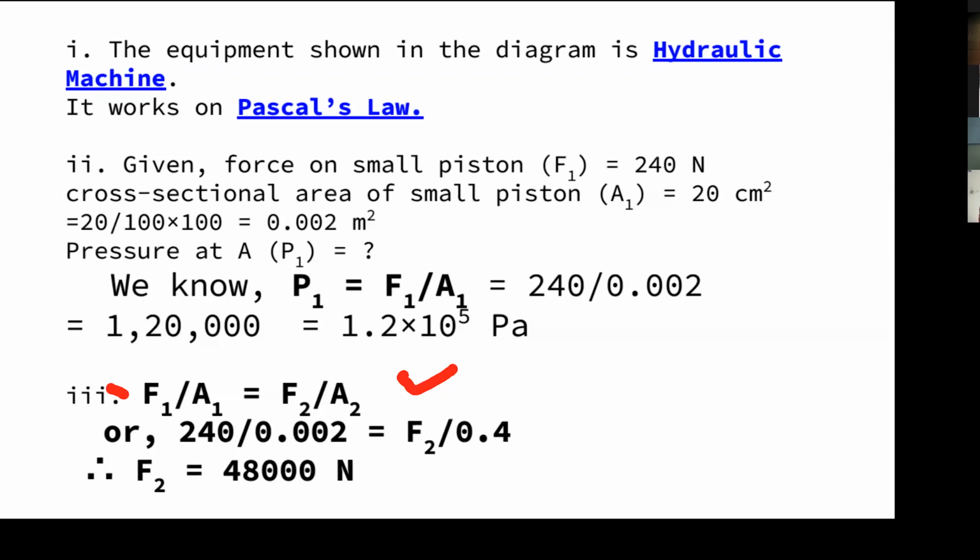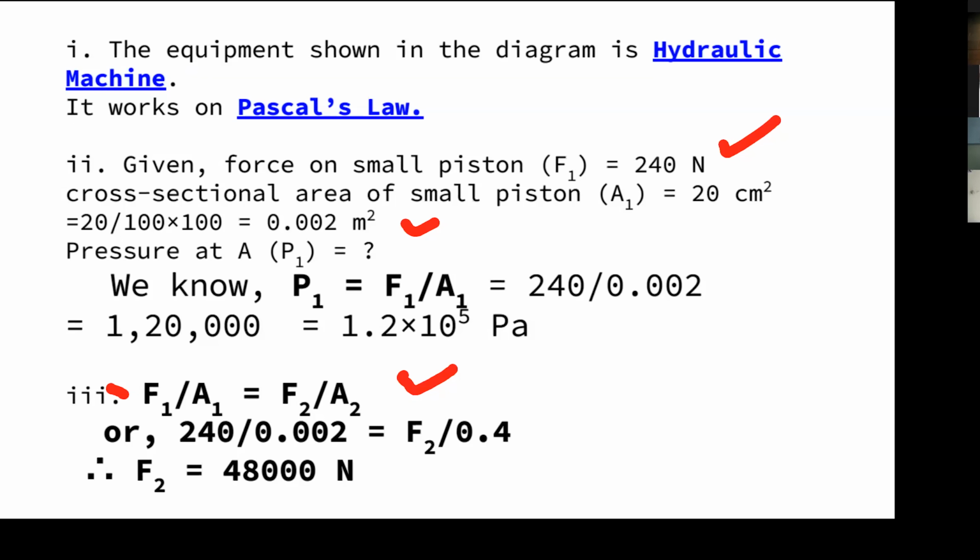F1 is given in the question, which is 240 Newton, and A1 we have converted into meter square, because in the question A2 is given already in meter square, that is 0.4 meter square. So if we have the area of one piston in SI, or let's say meter square, the other should also be in meter square. The 0.4 meter square area of piston B is given in the question.